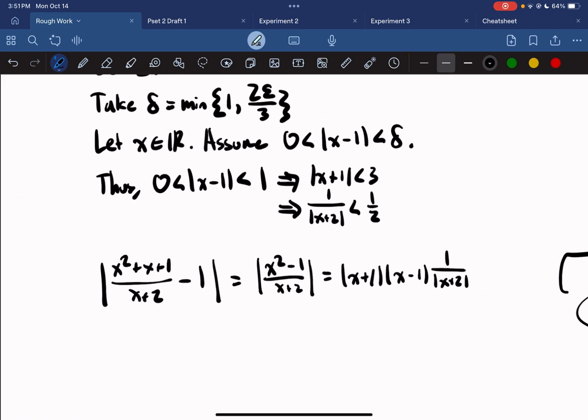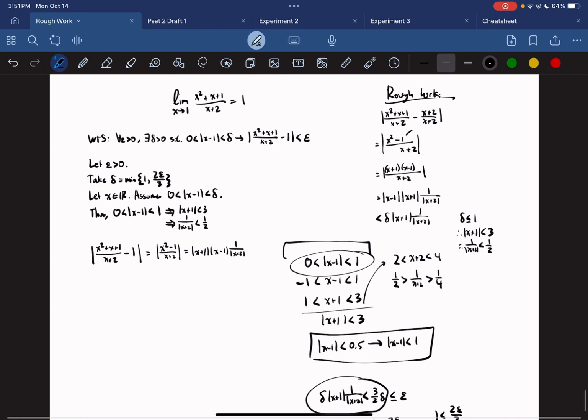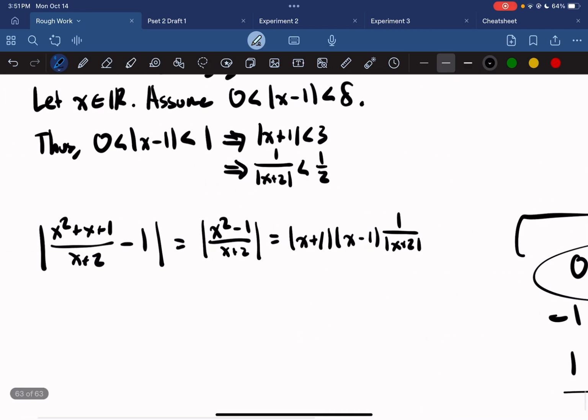This is pretty optional because it should show in your rough work anyway, so they just check your rough work, see what happened. But I think it's good practice to include it. I don't know what the TAs think, but I think it's a good idea to put.